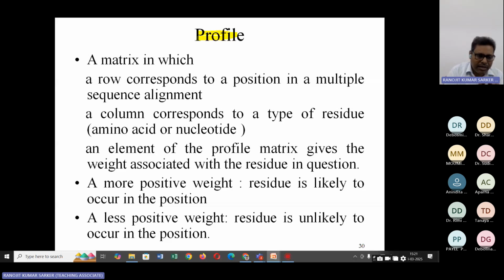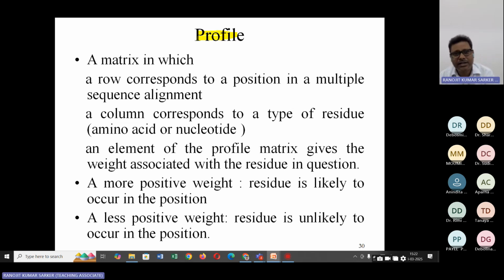Now, if you get the domain from, say, 10 different species and align them position-wise, column-wise, you will see that at a particular position, assume alanine is there. That means at that position alanine is accepted. The other 19 amino acids are not accepted.